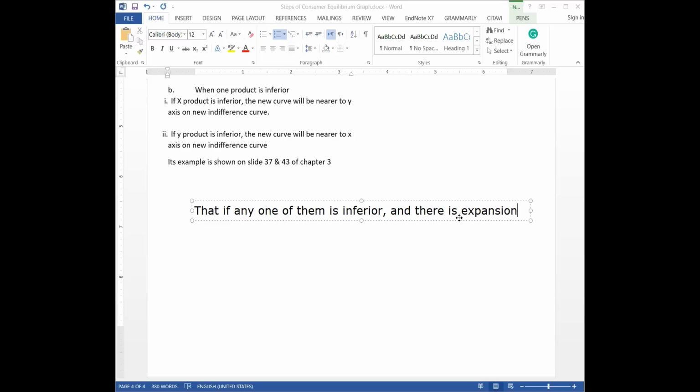So if any one of them is inferior and there is expansion of resources, how they expand, it is because of decrease in price or increase in income, what will happen?